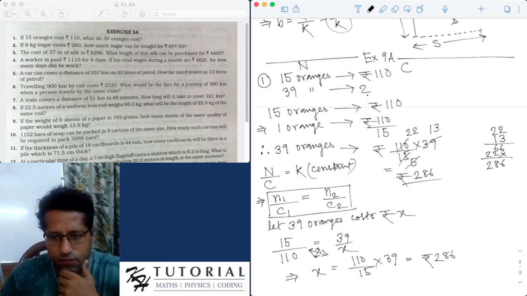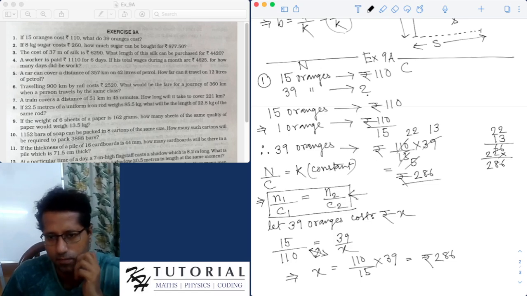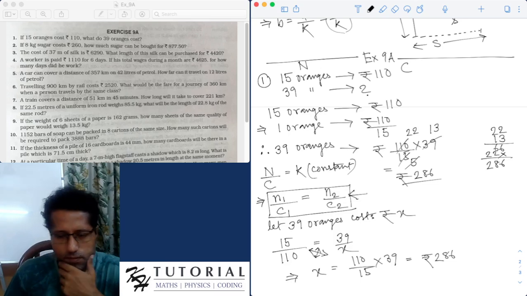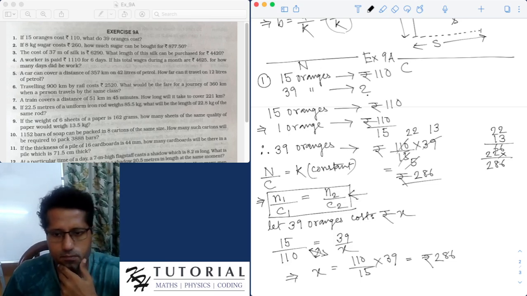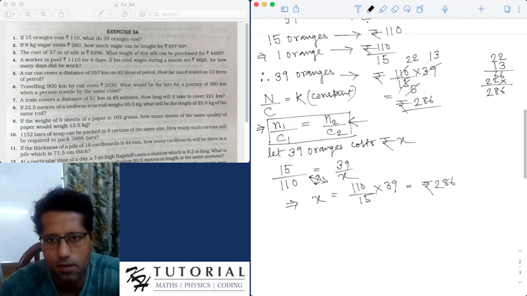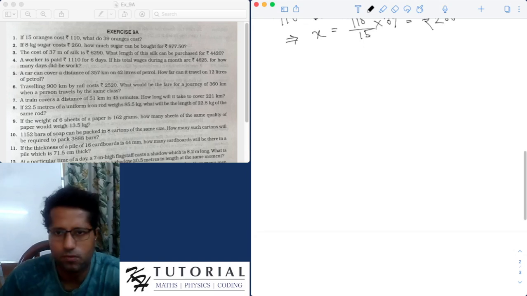So when you apply this formula, some of these quantities will be known. So n1, c1 will be known, and n2 will be known, and you have to find the unknown one from this equation. Okay, let's see problem number 2.